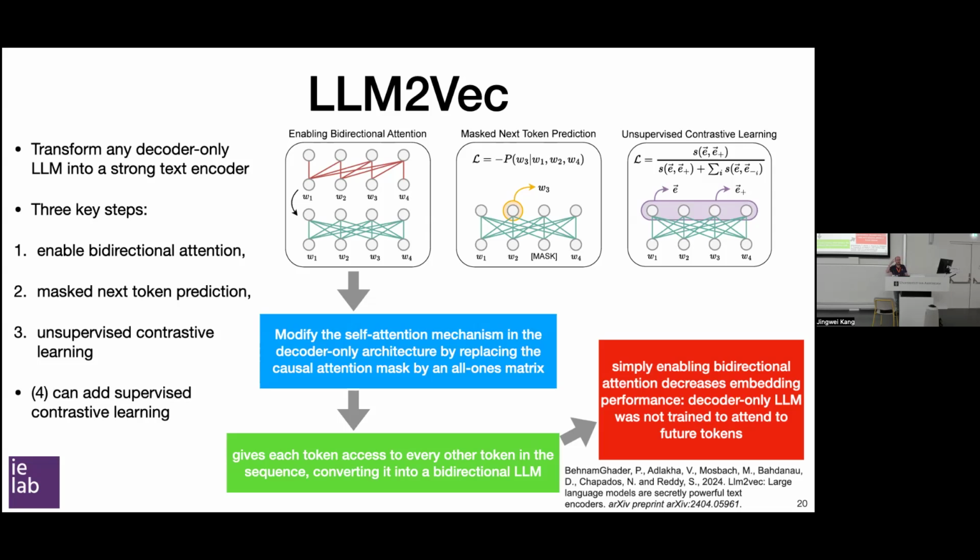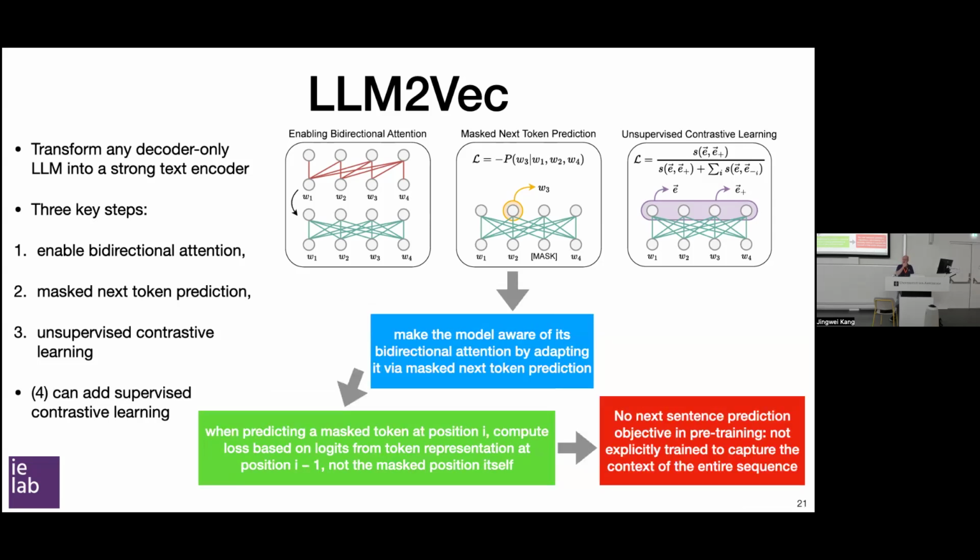So let's go through each of the first three steps. They enable bidirectional attention. What that means is that now each token has access to every token in the sequence, right? And therefore you have a bidirectional LLM in all effect. But just enabling that is not good, right? Because the decoder-only model wasn't trained to attend to future tokens. It was trained to only attend to previous tokens.